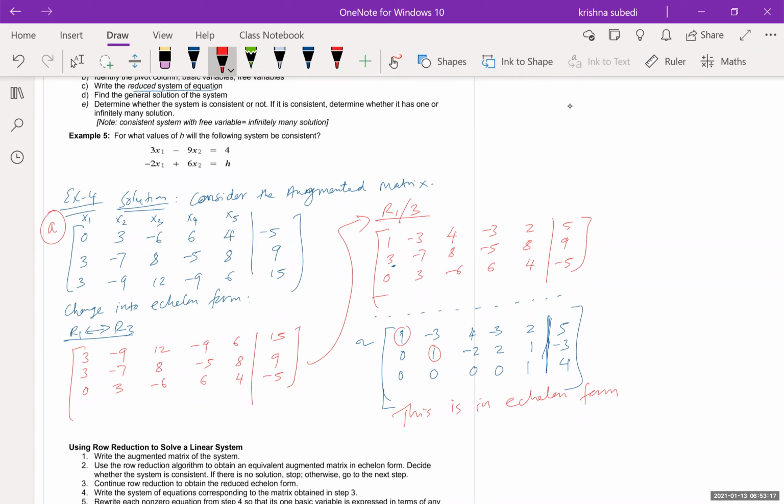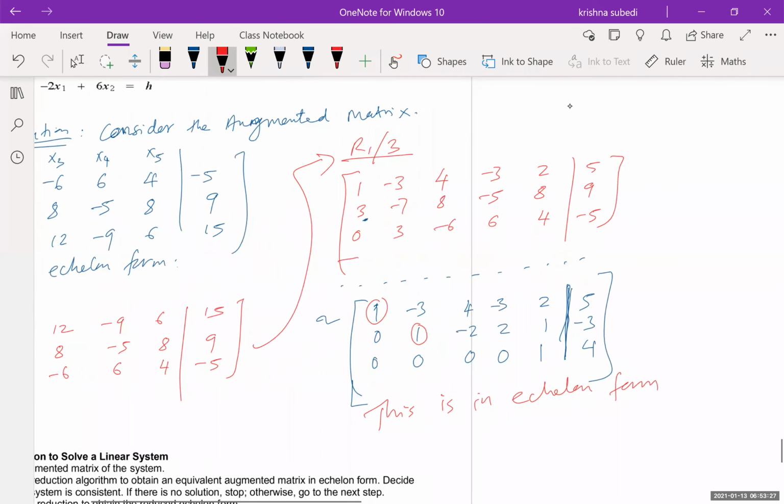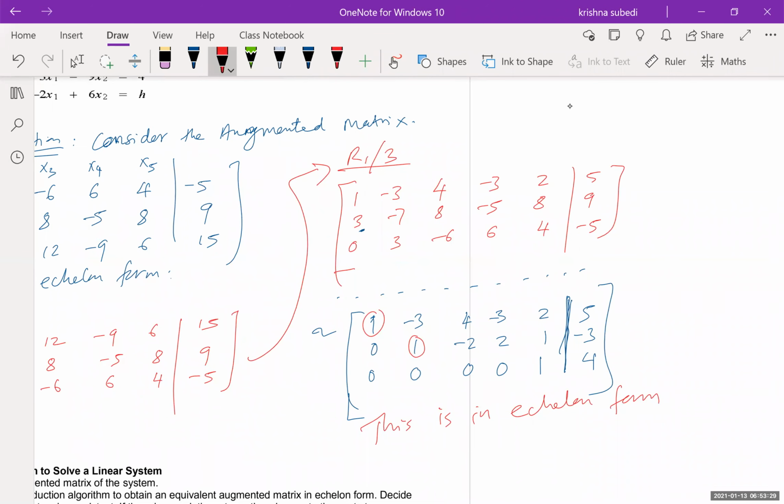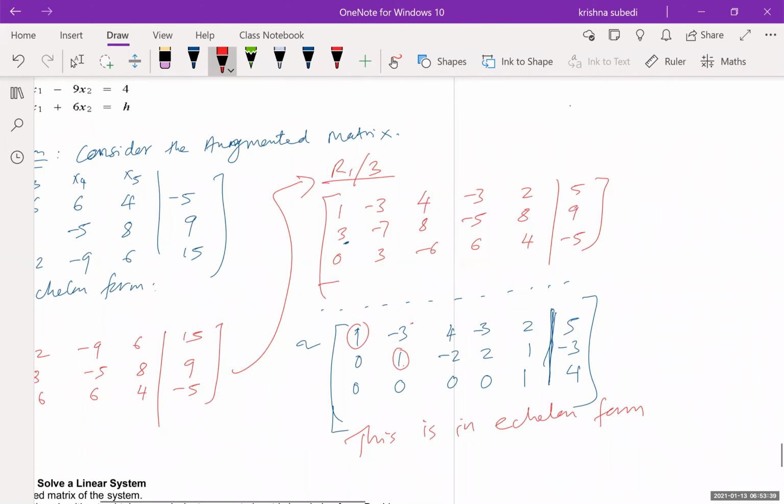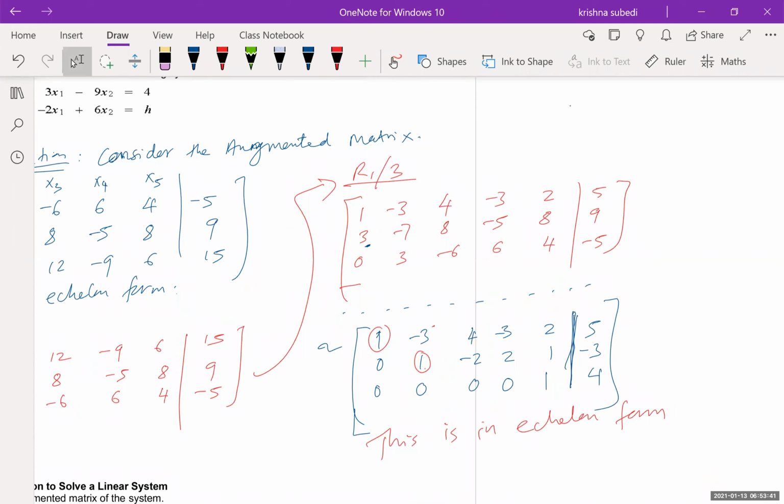In order for this to change into RREF form, anything on that column other than the pivot must be 0. So we need to make that 0. We'll talk about that later anyway. So this is in echelon form.